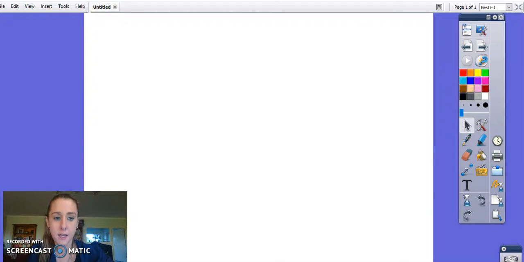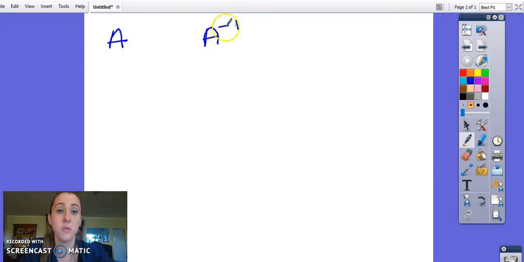Hi everyone, we're going to work on the inverse of a matrix today. So we know if we're working with matrix A that the inverse is going to be labelled A to the power of -1.